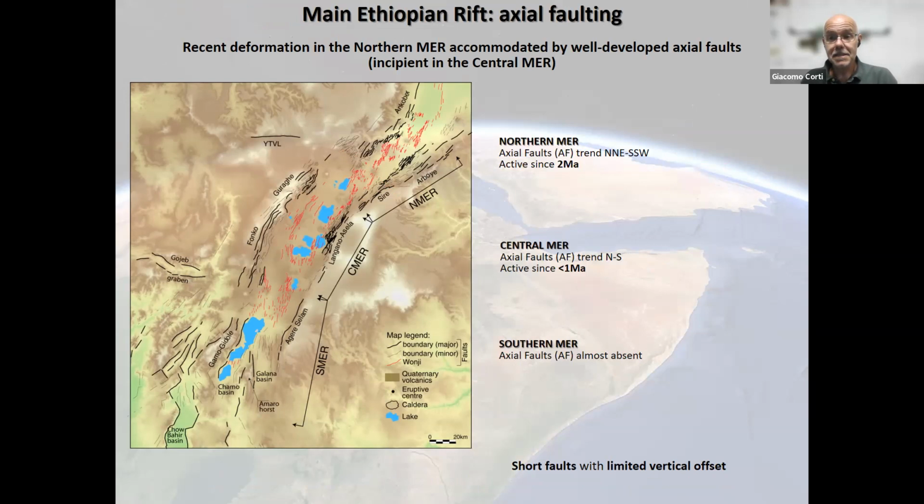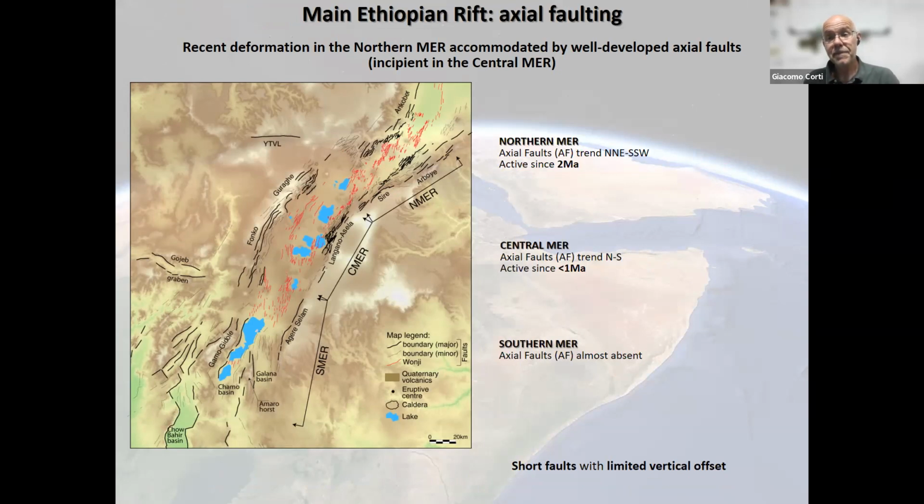In fact, this second system of faults is mostly localized at the rift axis, which have been active since more or less 2 million years and accommodate the largest part of the deformation in this region.